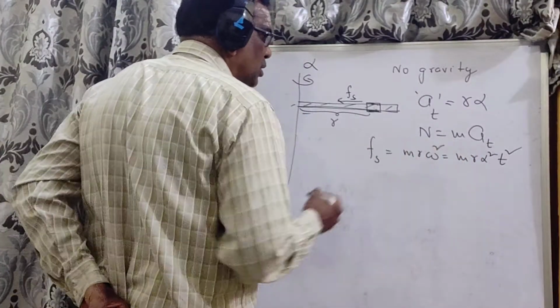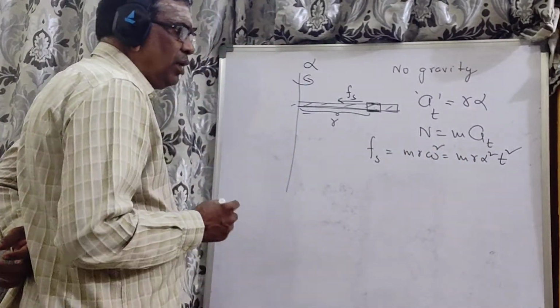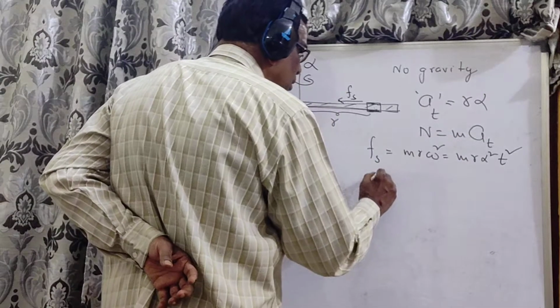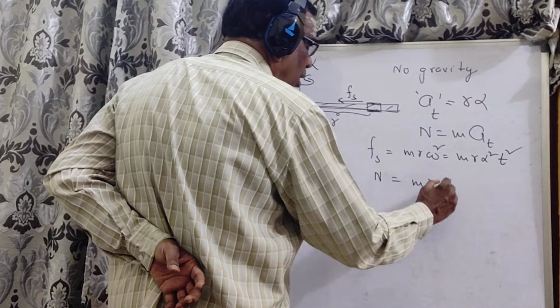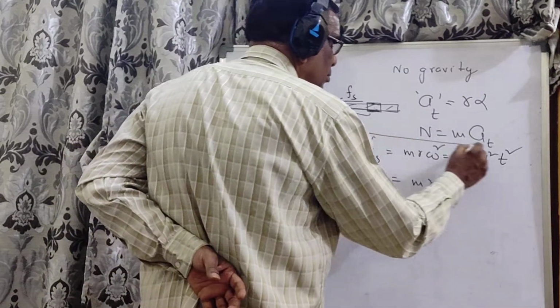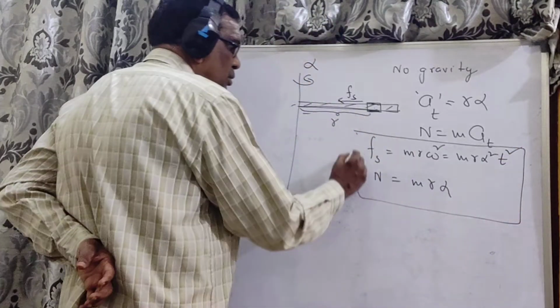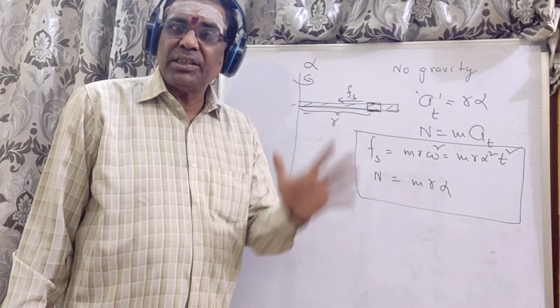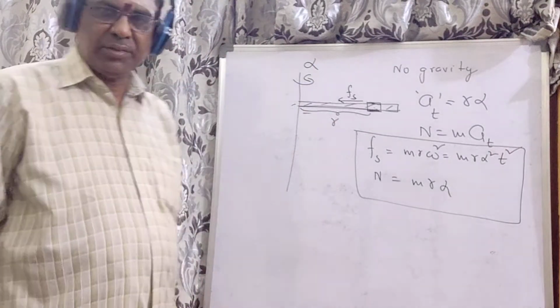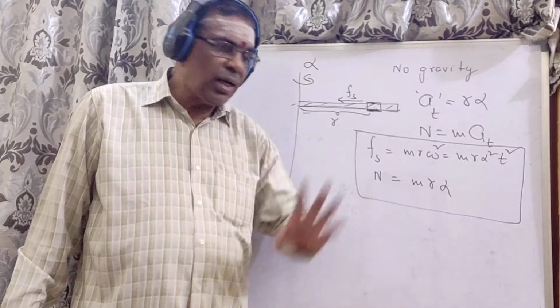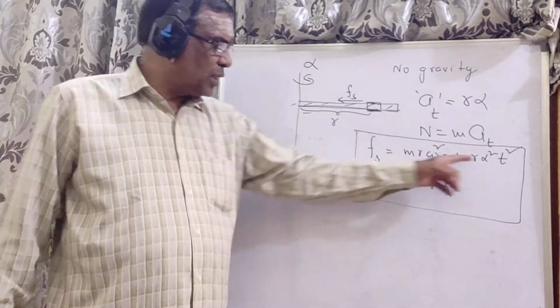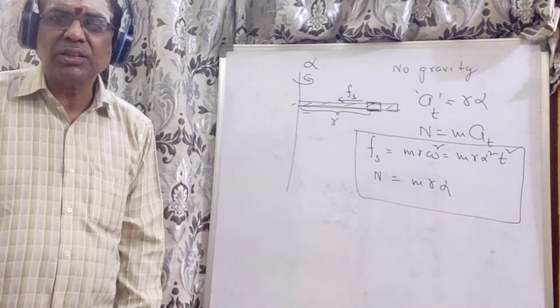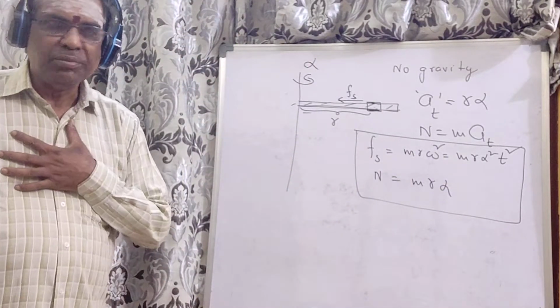After a time t, this is how you have to give it. N becomes mr alpha. Still I am discussing only static frictional force cases. N becomes mr alpha, Fs becomes mr alpha square t square.